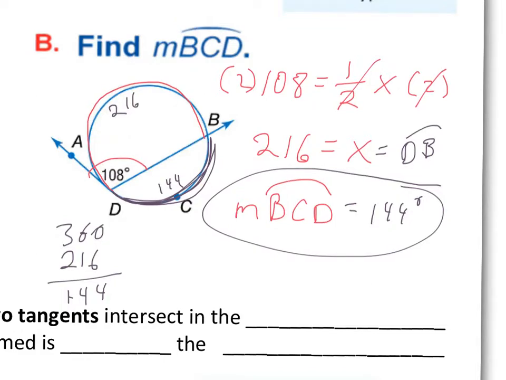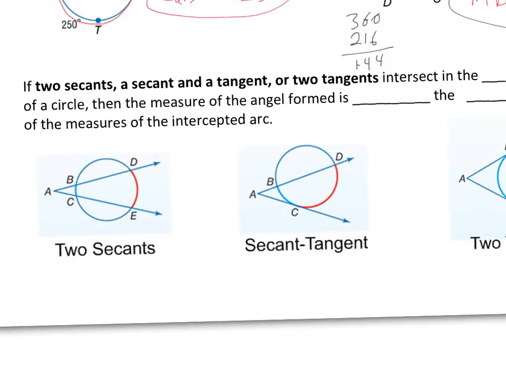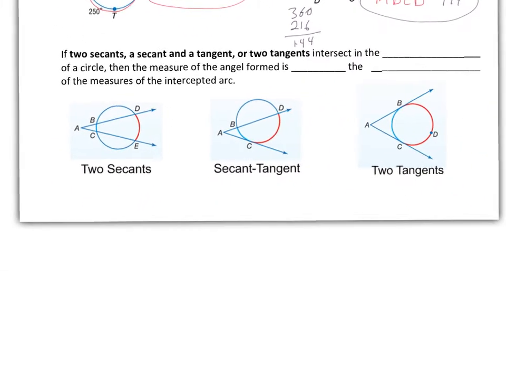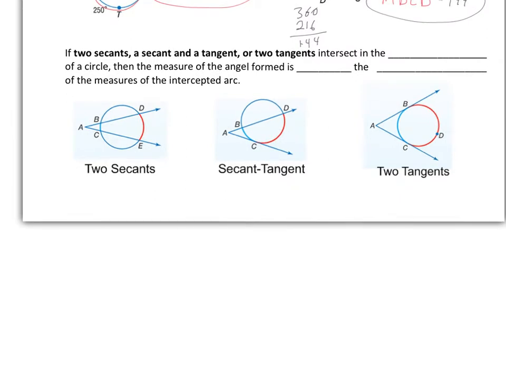And the third one is when the two lines, the secants, tangents, whichever they are, intersect in the exterior, outside of the circle. So the first one was inside, the second one was on, the third one is outside of the circle.